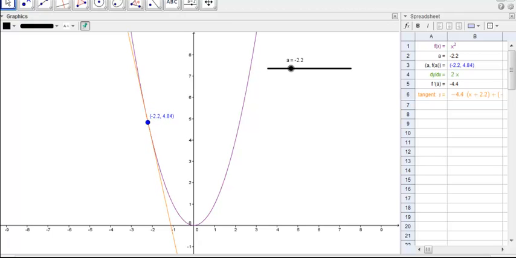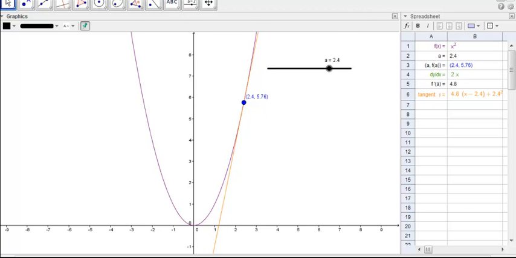Negative 2.2, negative 4.4. Negative 2.1, negative 4.2. Negative 2, negative 4. Negative 1, negative 2. 0, 0. 1, 2. 1.5, 3. 2, 4. And so forth.